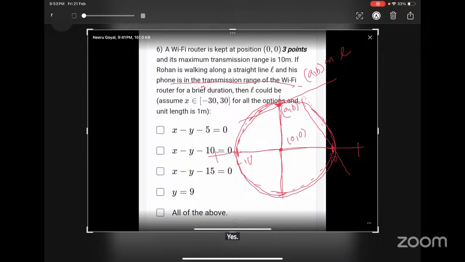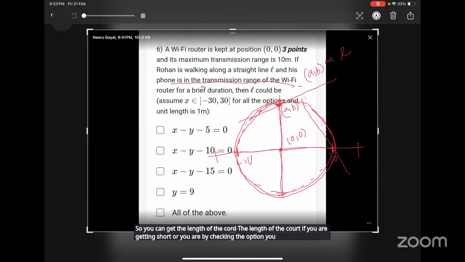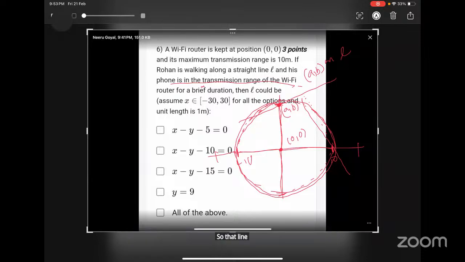By checking the options you can get the length, and you would say greater and greater. For that line, Rohan will get the brief duration. Did you get my point, ma'am? Okay, I got your point.